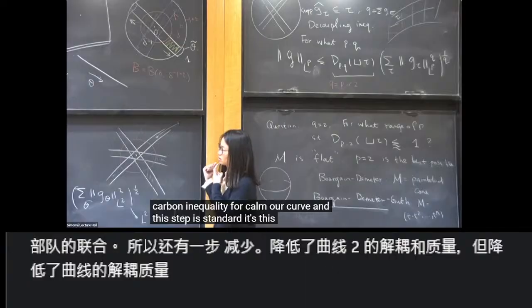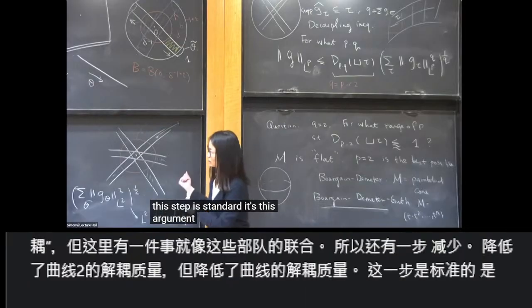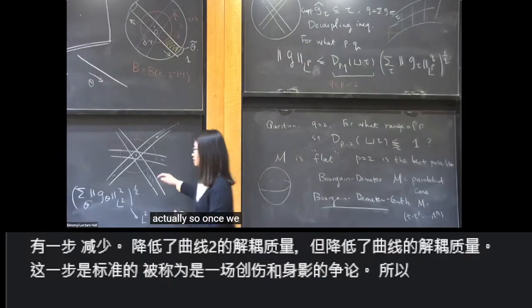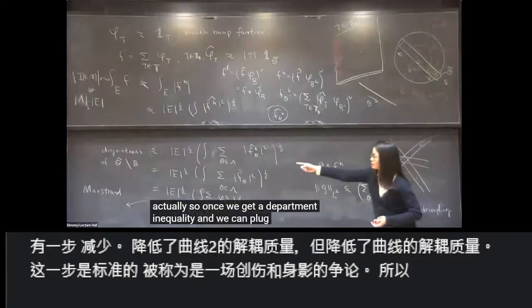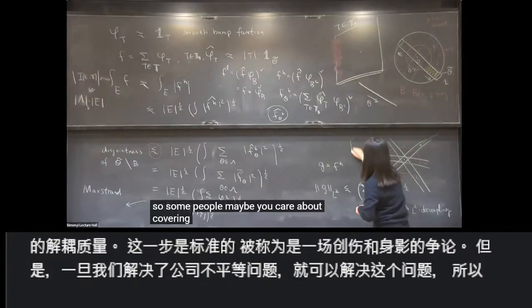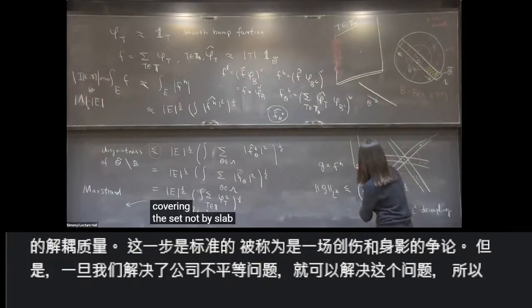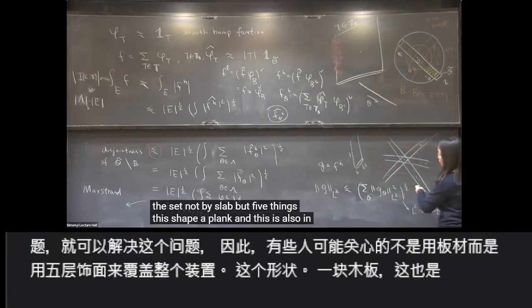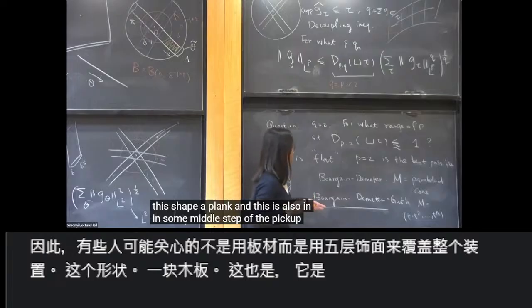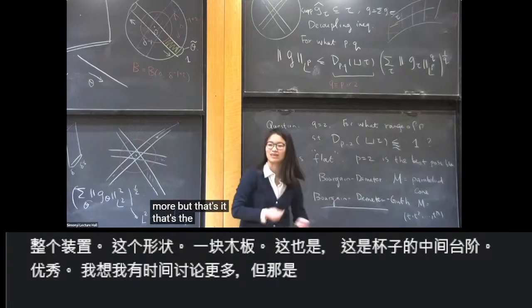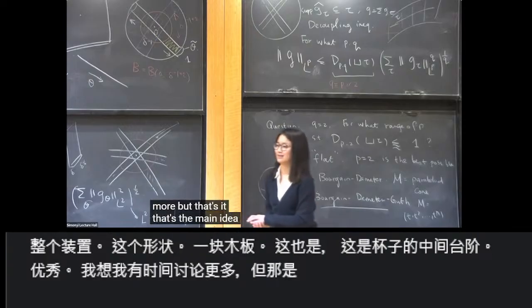It's called the Pramanik and Seeger argument. So once we get a decoupling inequality, then we can plug in that. And some people maybe care about covering the set not by slabs but by things of this shape, planks, and this is also in some middle step of the decoupling. I don't think I have time to discuss more, but that's the main idea. Thank you.